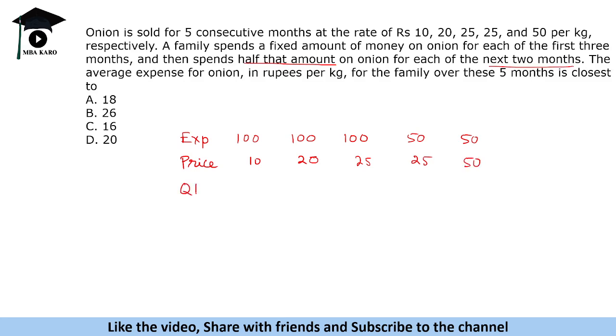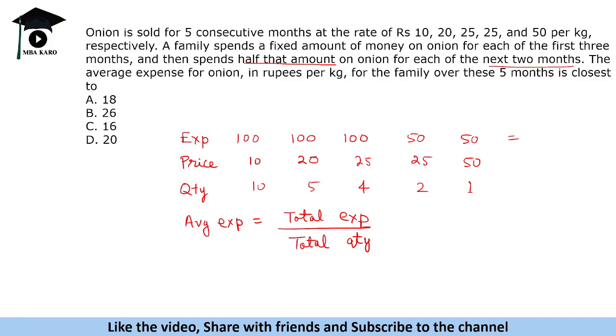So what will be the quantity? When we have to find average expense, it is total expense upon total quantity that they purchased. Total expense is 300 plus 100, that is 400.